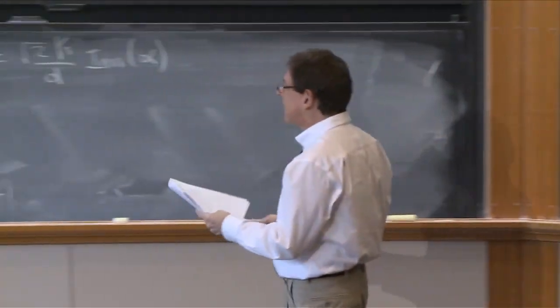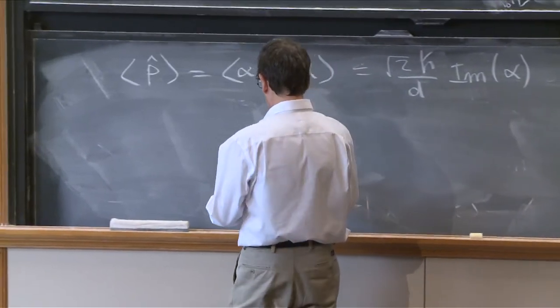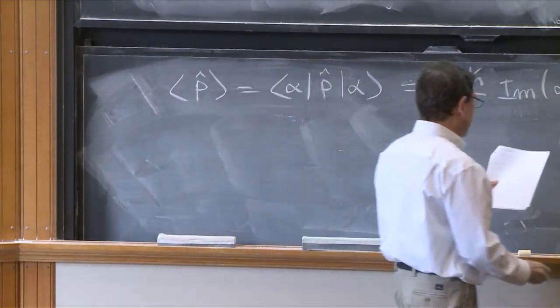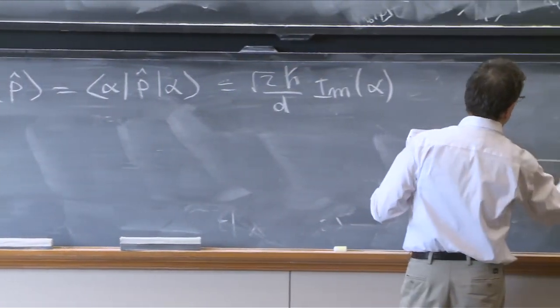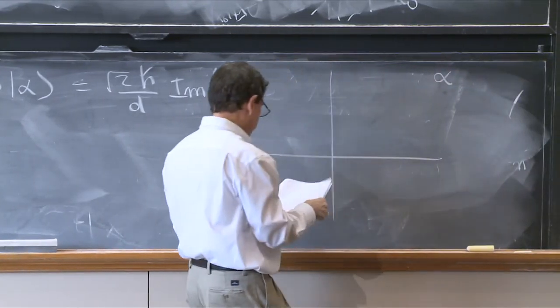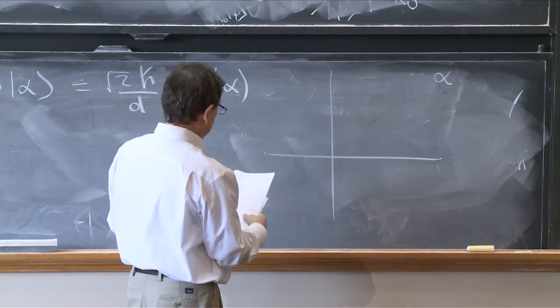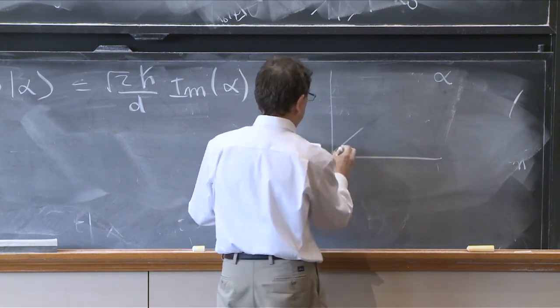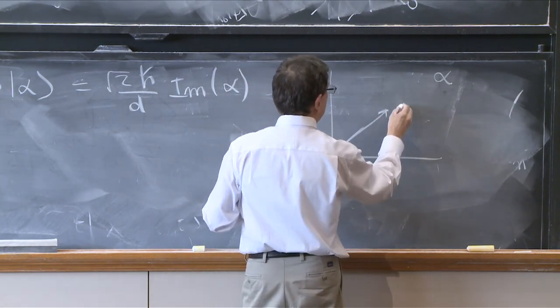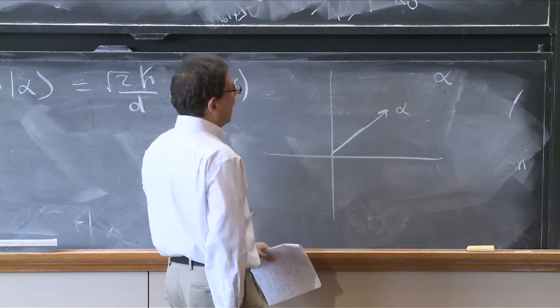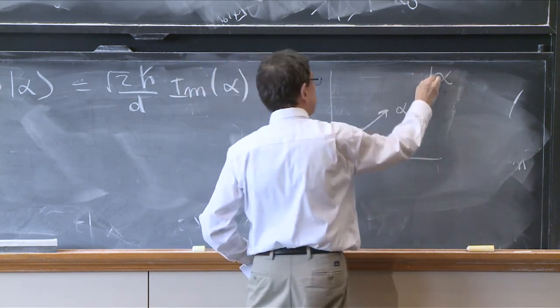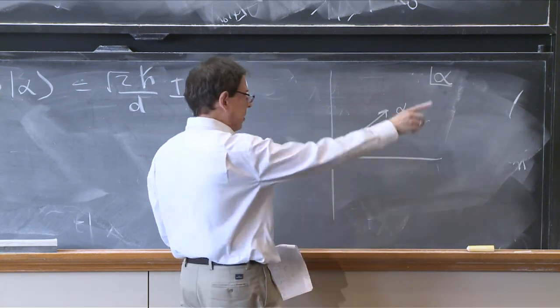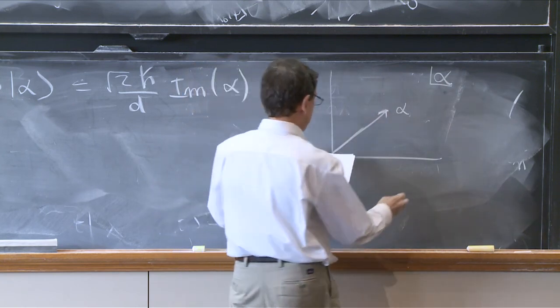So how do we describe that geometrically? We imagine it in the alpha plane. And here it is. The alpha plane, here is the vector, the complex number alpha that you've chosen for your state, some particular complex value alpha.